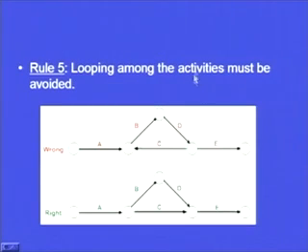Now, coming on to rule number 5, looping among the activities must be avoided. Now, here we see a loop is being formed. This is a wrong network, activity A, B, C, D and activity E. Now, you see B is getting completed here, D is getting completed here and C is getting completed here.